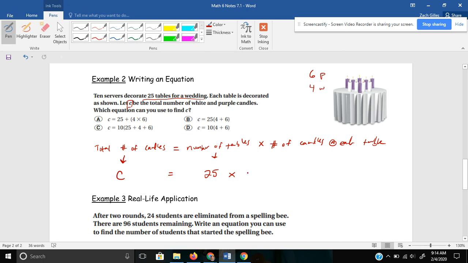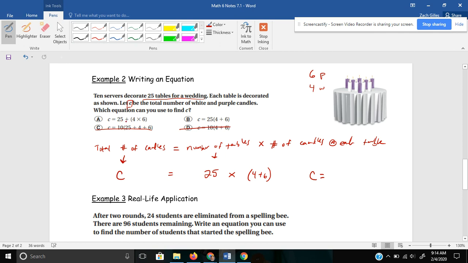So 4 plus 6, or 6 plus 4, it doesn't really matter how you look at that. Right? So which equation represents this? C equals, well, they all start out like that, 25 times, well, this is 10 times and this is 10 times, so we can kind of eliminate C and D.